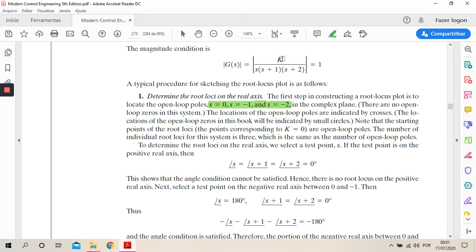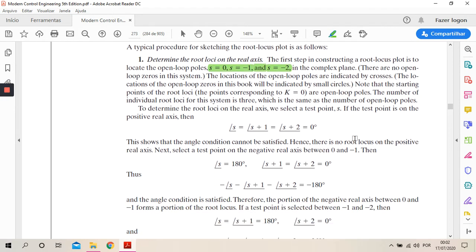If k were multiplying a function of s in the numerator, then we'd have an open loop zero. But as k does not multiply anything as a function of s in the numerator, then we don't have an open loop zero. Okay, that's the justification.